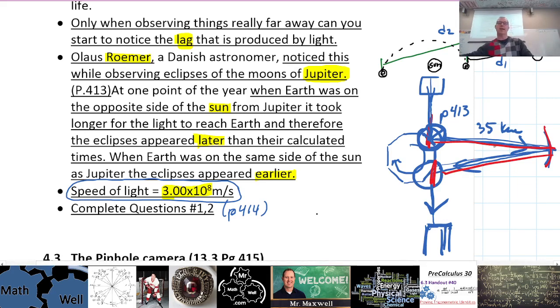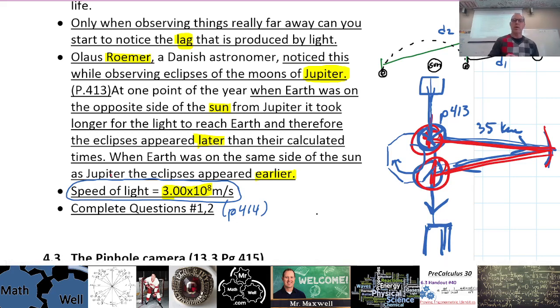You can read a little more about it on page 413. In that kind of experiment, with a large distance and a very small measure of time, the scientists were able to figure out the speed of light to a pretty precise degree.